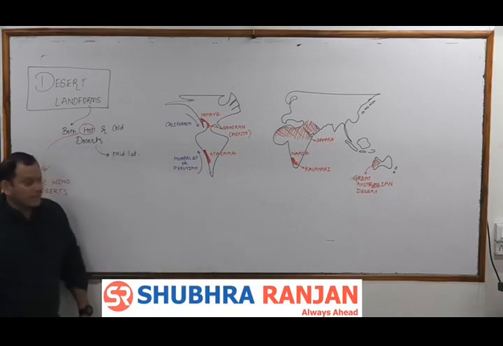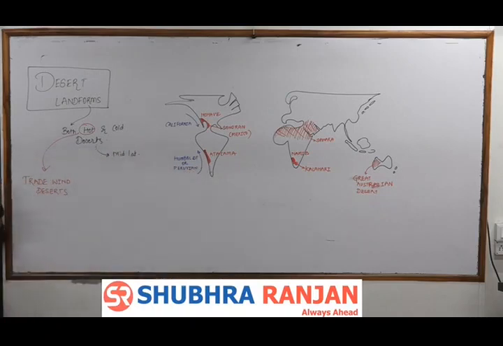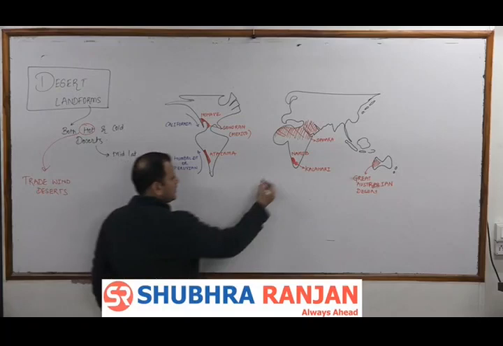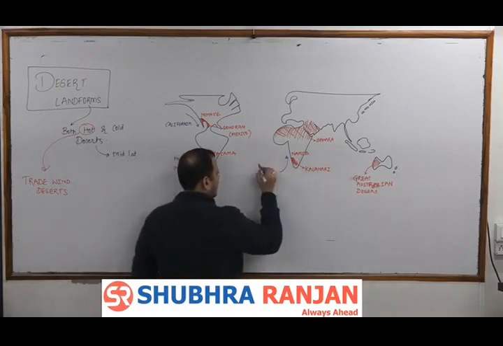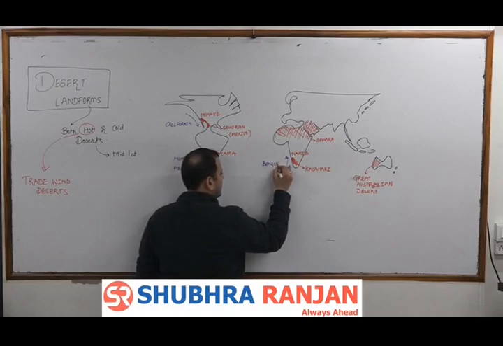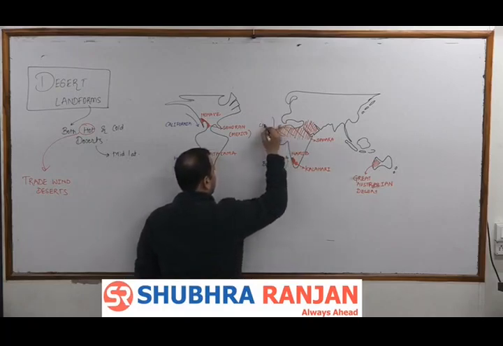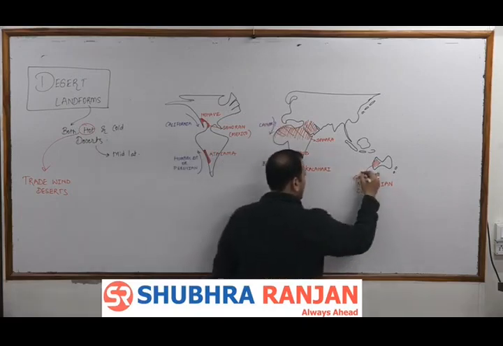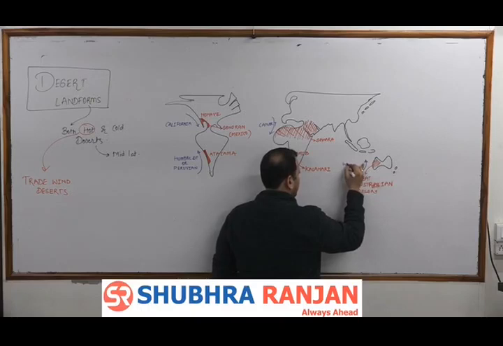Whenever this Peruvian current is replaced by counter equatorial waters, you will call this as El Nino. This is Benguela current. This is Canary current. This is West Australian.